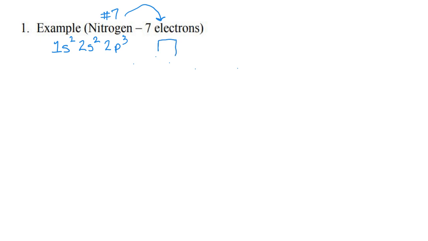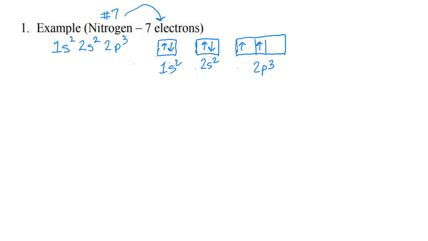If I'm going to draw the orbital diagram, I could show this box for my 1s2 electrons. My 2s2 electrons, one up, one down. And this is where that previous rule that we just talked about is important. This is 2p3. I need 1 electron in each orbital before they start to pair up.